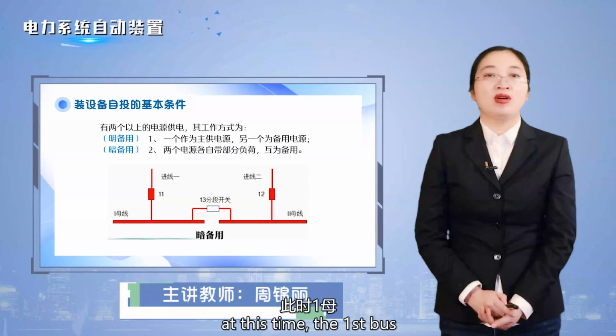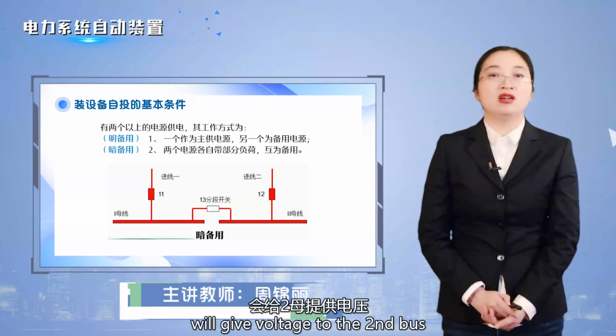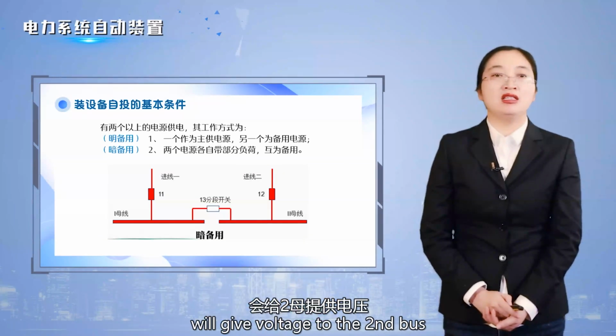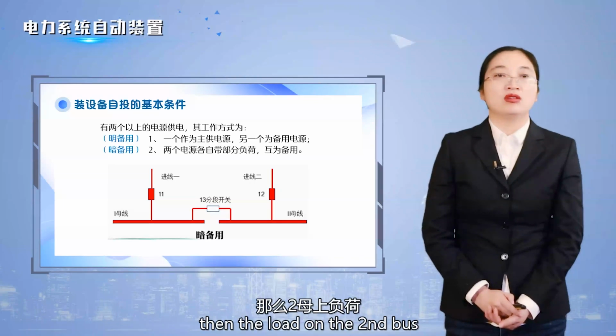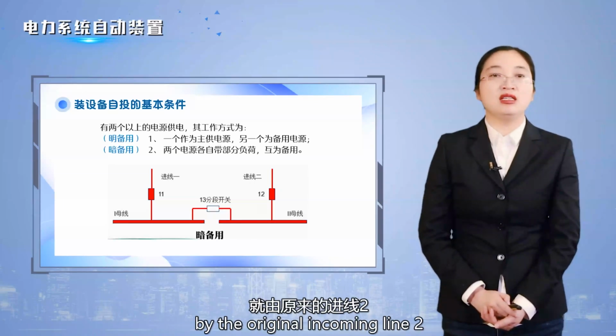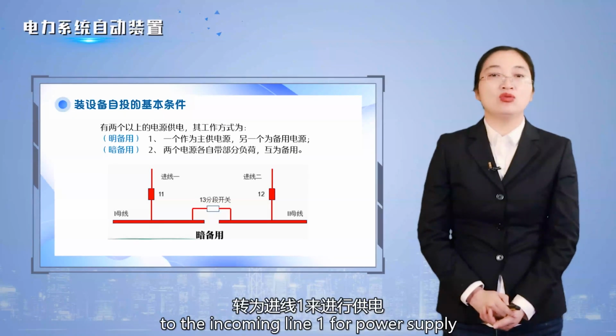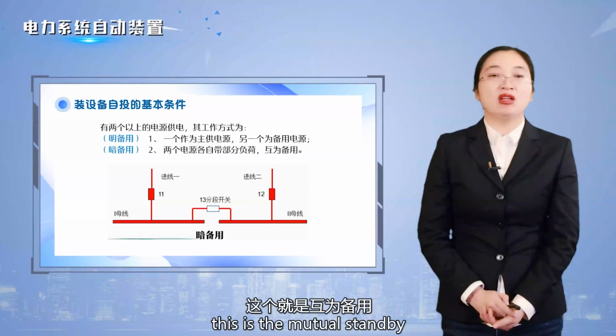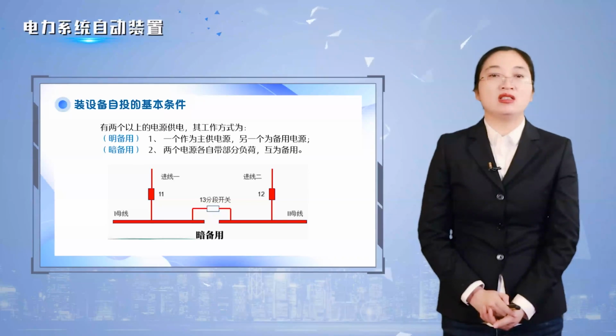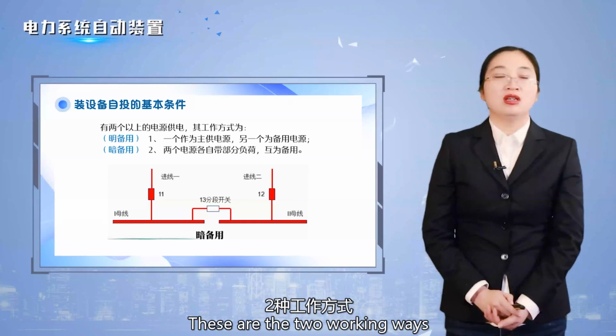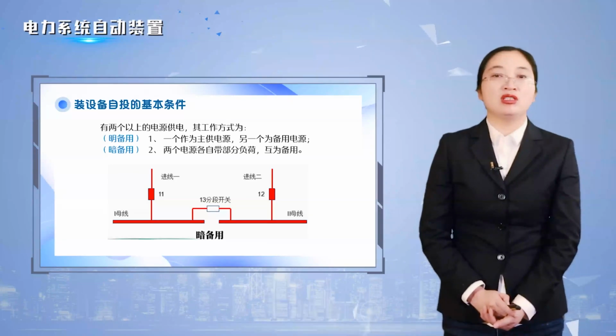At this time, the first bus will give voltage to the second bus. Then, the load on the second bus is transferred from the original incoming line 2 to incoming line 1 for power supply. This is the mutual standby. These are the two working ways of BZT.